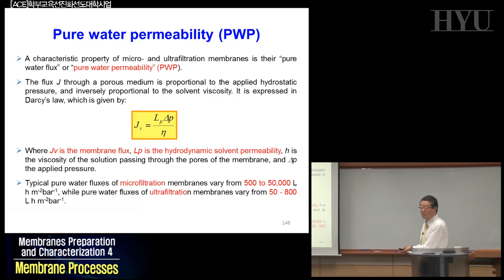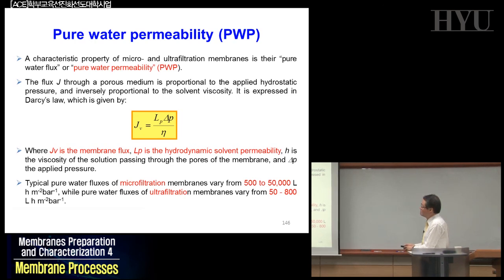If your liquid is water, then you can cancel the viscosity out. But if you're dealing with highly viscous solutions, viscosity is inversely related to your flux. Okay, so LP is the hydrodynamic permeability, delta P is the pressure difference, and JV is the membrane flux.